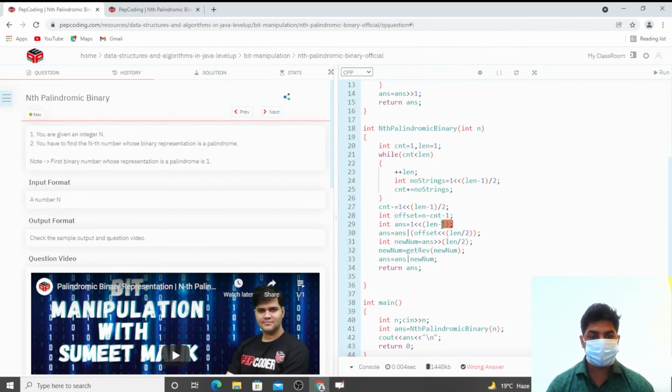Answer equals 1 left shift of length minus 1, that is correct. Answer equals answer OR offset left shift by length divided by 2, that is correct. New number equals answer right shift of length divided by 2, new number reverse, answer equals answer OR new number, that is correct.